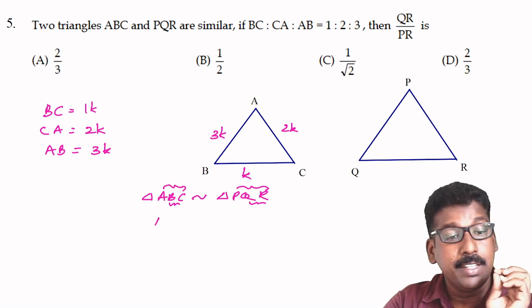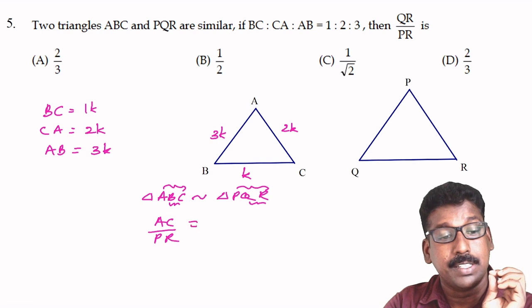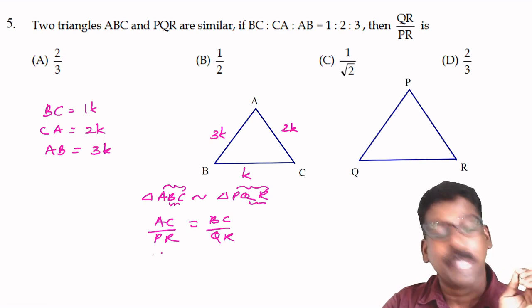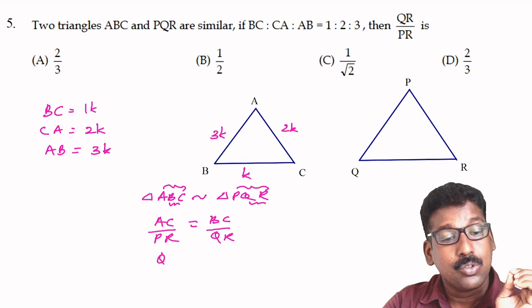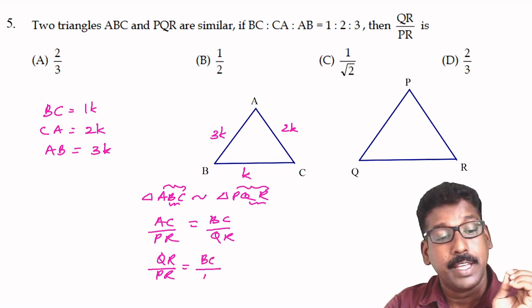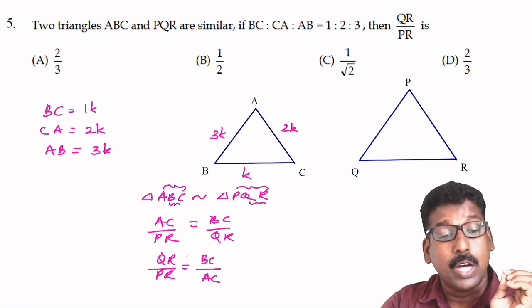So you can write AC by PR is equal to BC by QR. Transpose AC to the RHS and QR to the LHS. What will you get? You will get QR by PR is equal to BC by AC, which implies QR by PR.